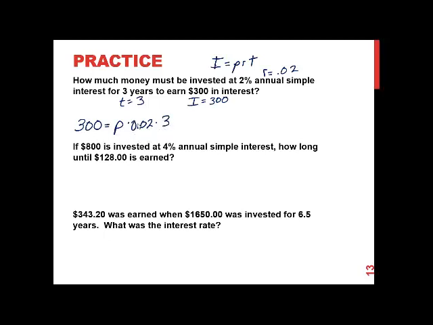When we multiply this out, we get 300 equals 0.06 P. Divide both sides by 0.06.